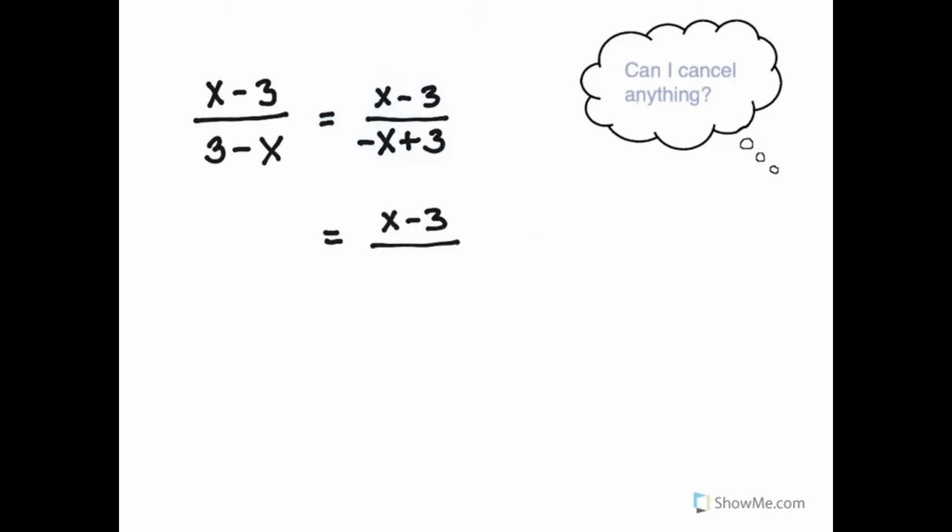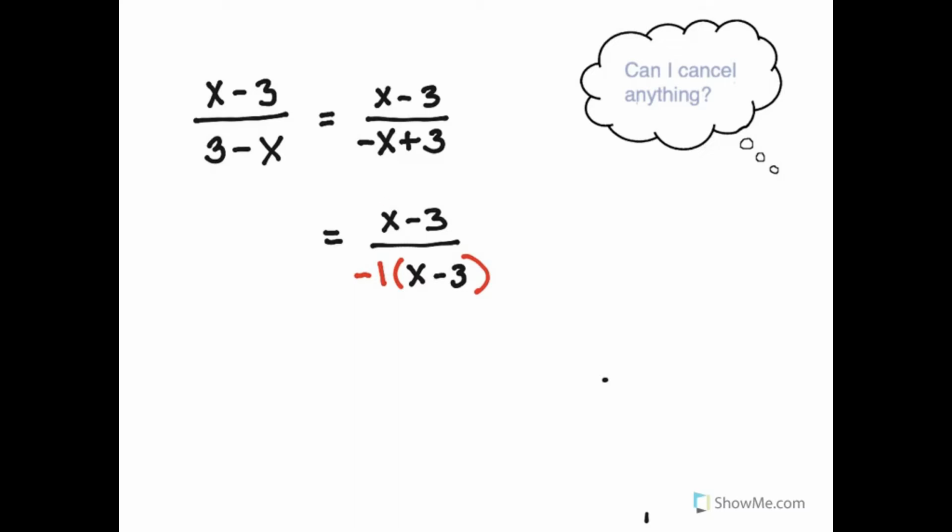Whenever your leading coefficient is negative, the coefficient of the x term with the highest power, try factoring out a -1. So I'm going to factor out -1 from negative x plus 3. That means I'm dividing each one by a negative, which changes the sign. So -1 times positive x gives me back negative x, and -1 times -3 gives me back positive 3.